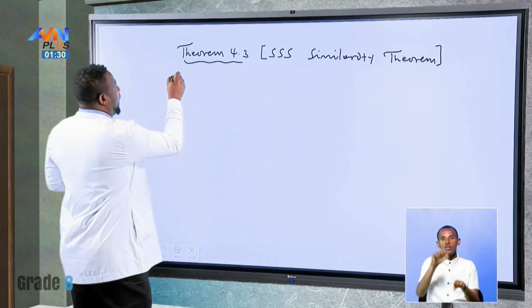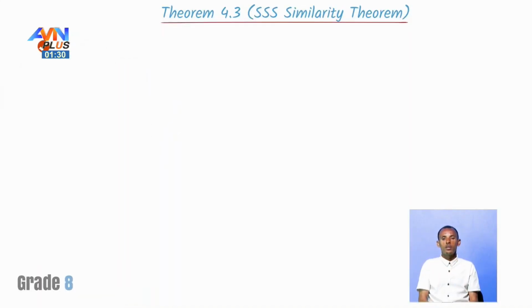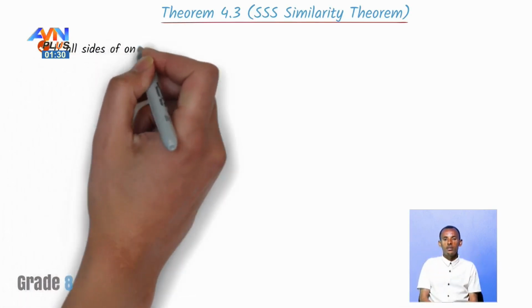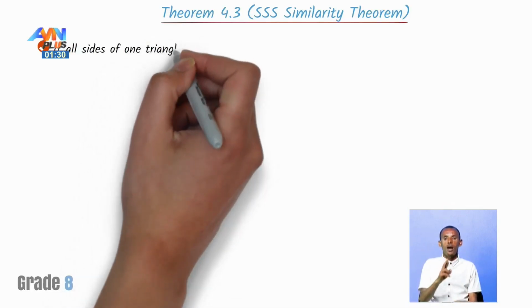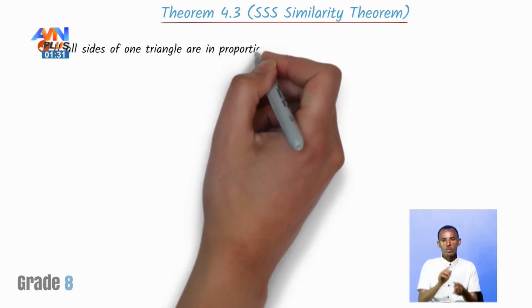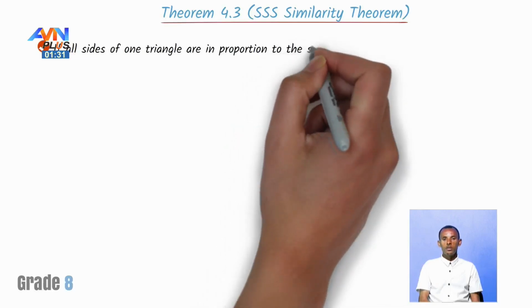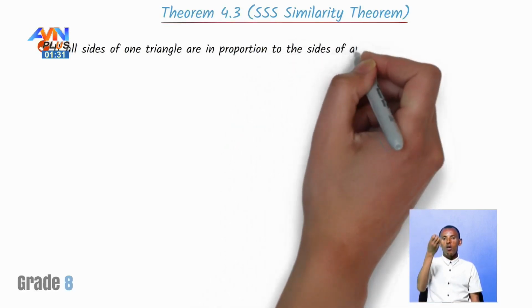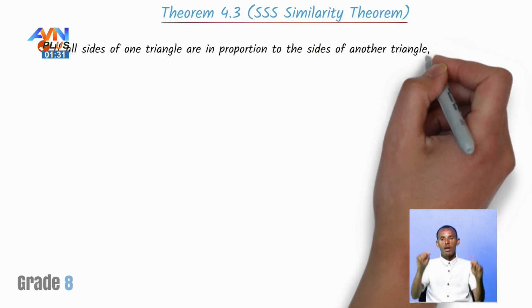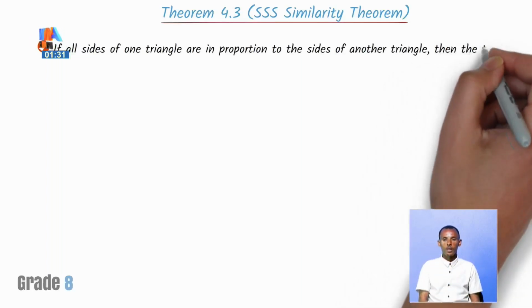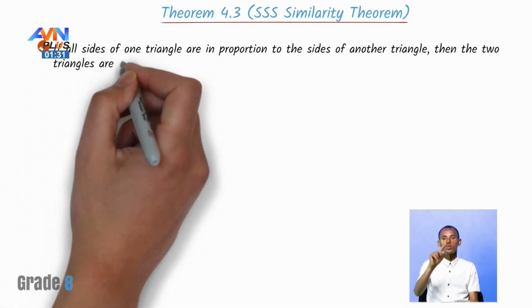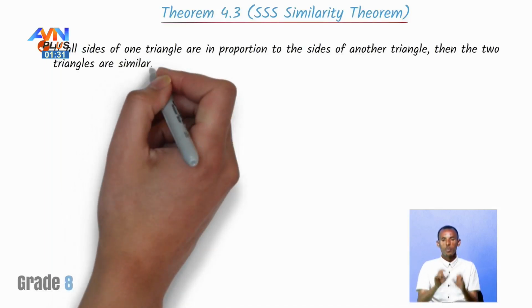Okay, so if all sides of one triangle are in proportion to the sides of another triangle, then the two triangles are similar.